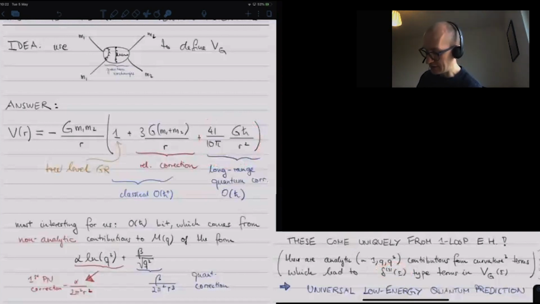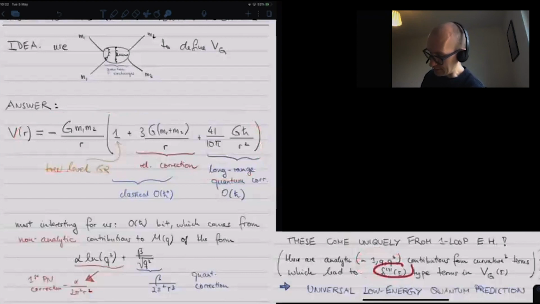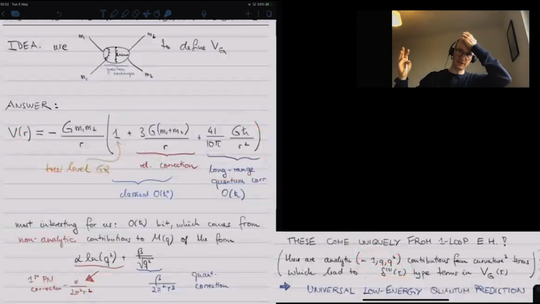And so the magical thing that happened was that all of the contributions that come from non-Einstein-Hilbert type interactions, so interactions that are of the form curvature squared in this case, and whose coefficients we do not know, all of these corrections can be distinguished from the kind of things which we've kept here, because they are super short range. And in the infrared limit, in the low energy limit, we're interested in long distance properties.